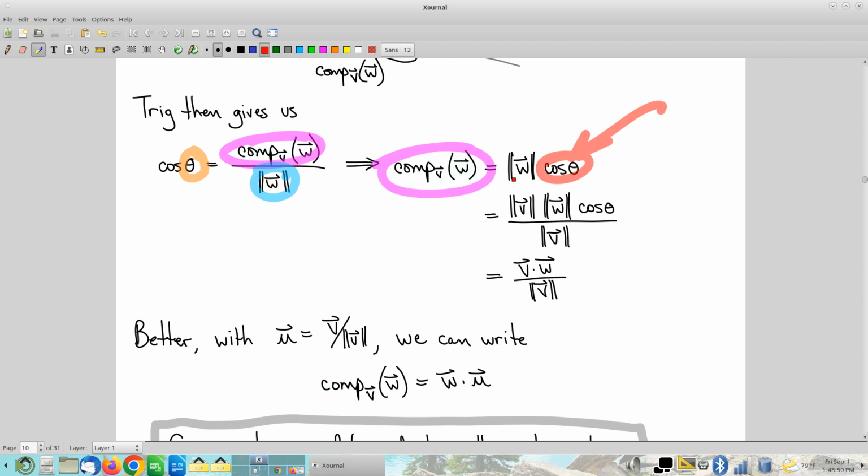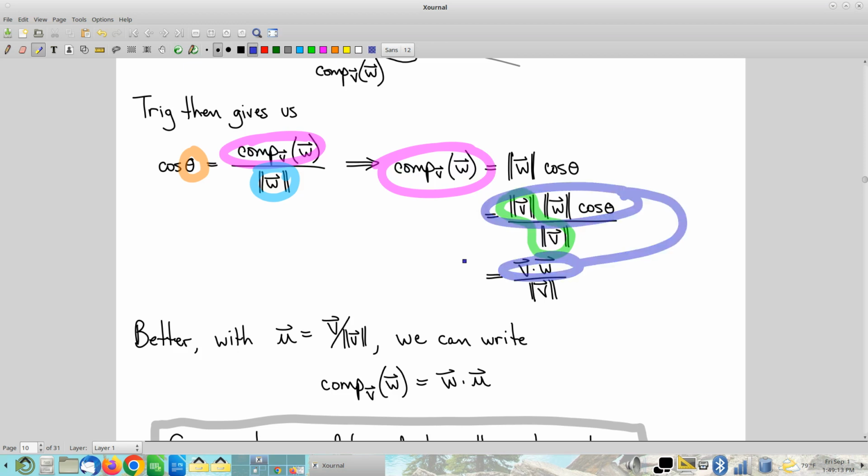So the clever move here, very clever move, is to observe that I can multiply and divide by the same thing. I'm going to multiply and divide by the magnitude of V. Seems like an arbitrary and weird thing to do, but it's perfectly legal. Multiply and divide by the same thing. And having done that, notice my numerator becomes exactly a dot product, which is super handy.